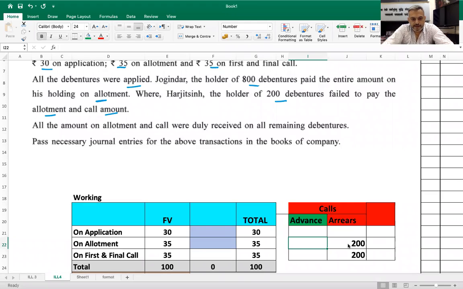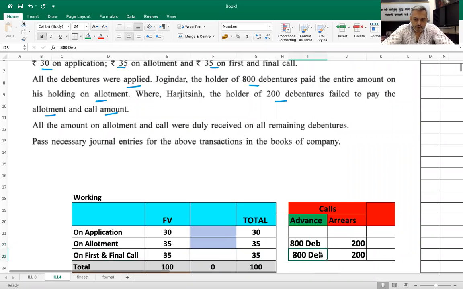So 800 debentures. We know that for these 800 debentures, at the time of application, we received money for first and final call also.